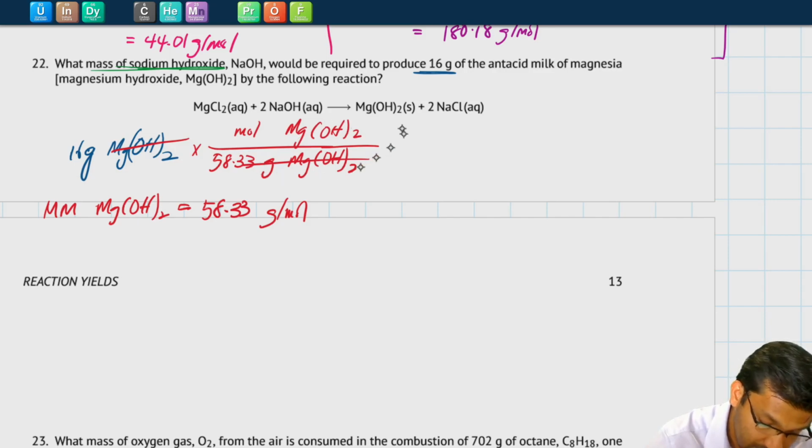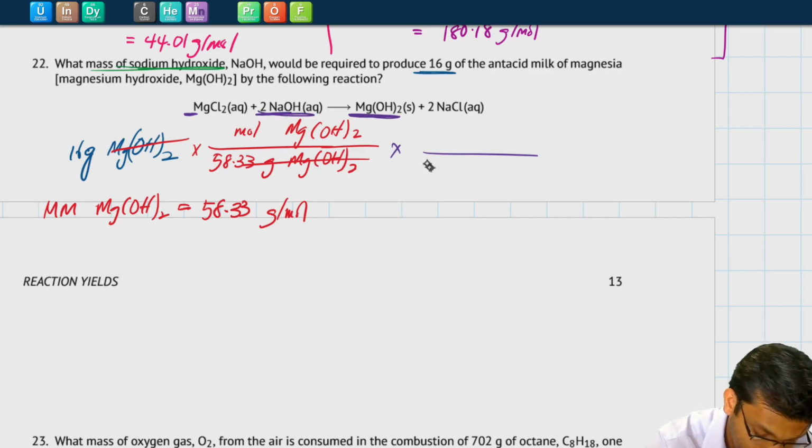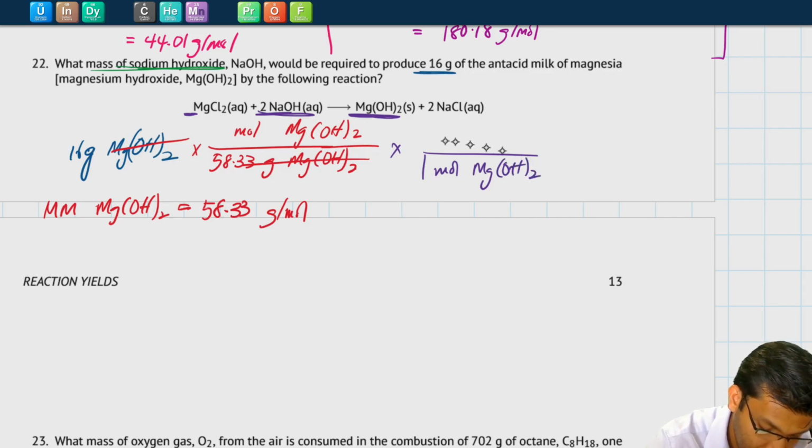Now that we know the moles of magnesium hydroxide, we can convert to moles of NaOH. So in this equation, for every 1 mole of magnesium hydroxide, we get 2 moles of NaOH. So 1 mole of magnesium hydroxide for every 2 moles of NaOH.